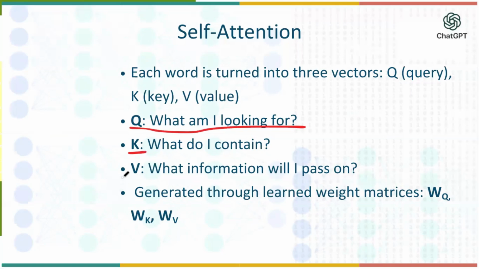And the value is the actual information it will pass along once the right match is found. These vectors are created by multiplying the original token embedding by three learned weight matrices, allowing the model to determine how much each token should pay attention to the others.